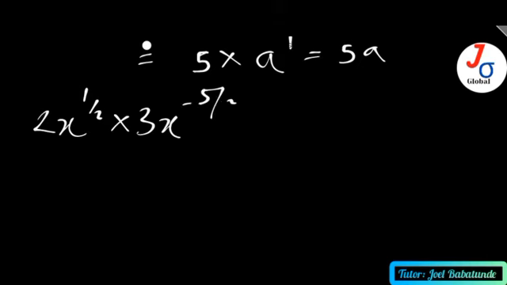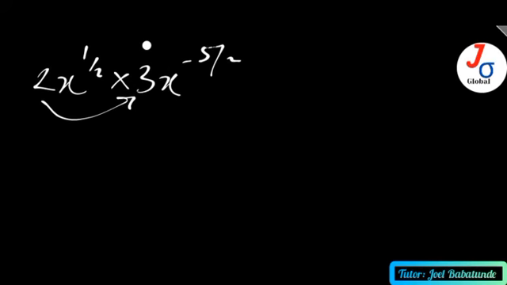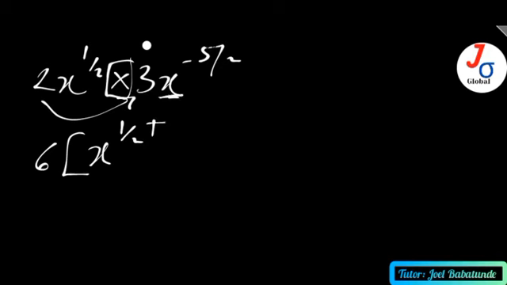Okay, so let's simplify this using the laws of indices that we've learned. 2 times 3, those are the figures there, I have 6, then I have x to the power of half multiplied by x to the power of minus 5 over 2.